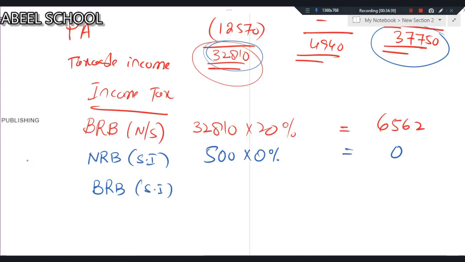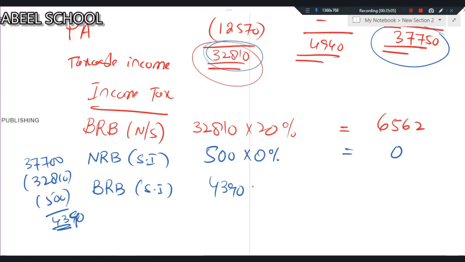The limit of basic rate band is 37,700 and out of that we have used 32,810. We have also used 500. So how much limit is left in the basic rate band? 37,700 minus 32,810 minus 500. We are left with 4,390. So the remaining limit is 4,390 in the basic rate band where the applicable tax rate is 20%.